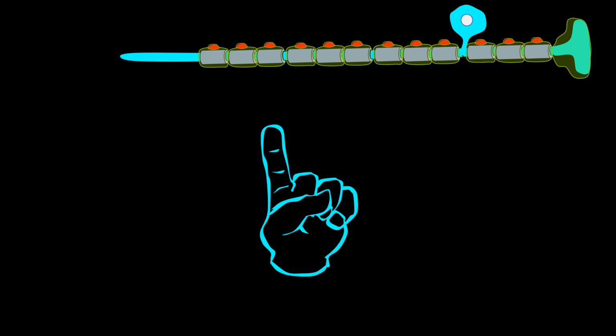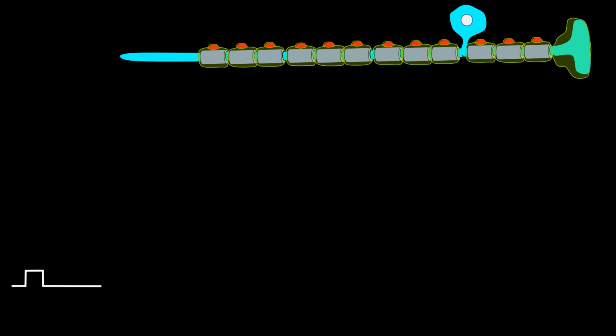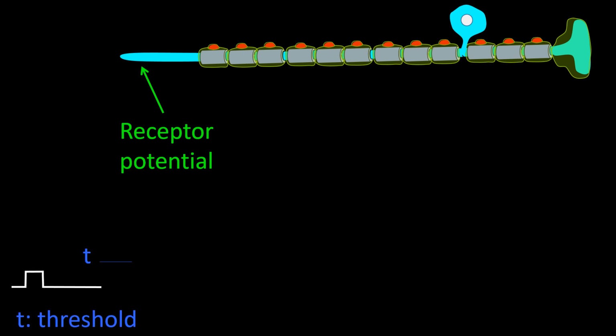The first one, if an adequate stimulus is introduced, the deformation of the membrane at the receptor level will produce a receptor potential. If the stimulus is not strong enough to reach threshold, as this one is, we will see a subthreshold receptor potential as depicted here in this frame.